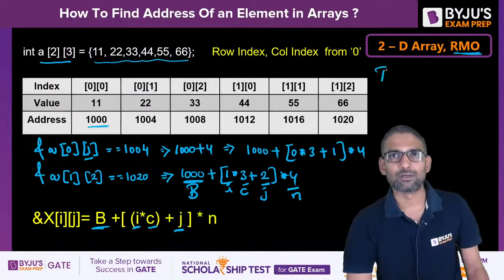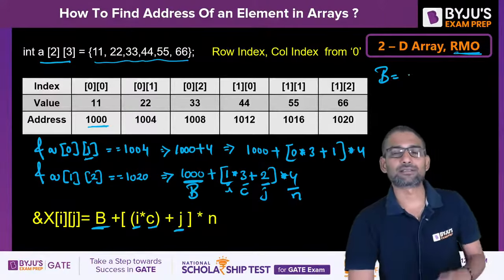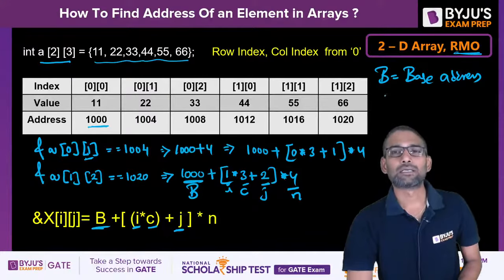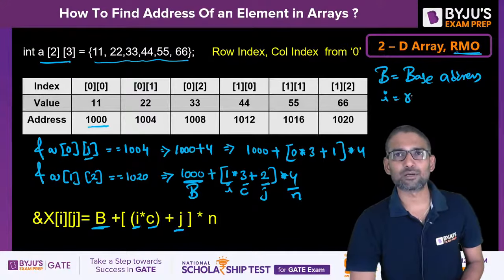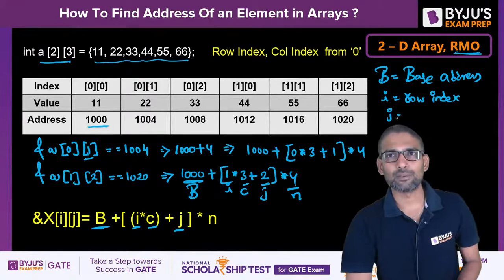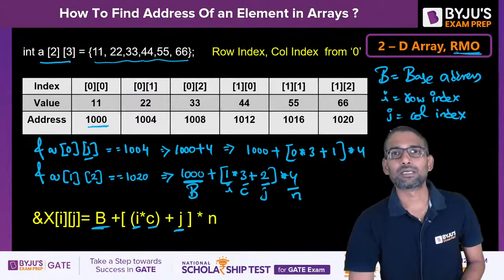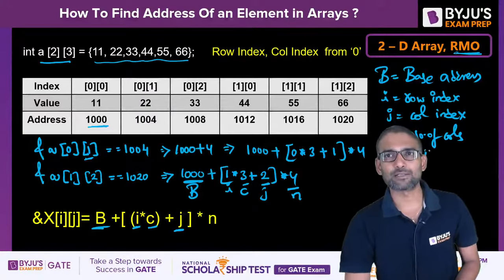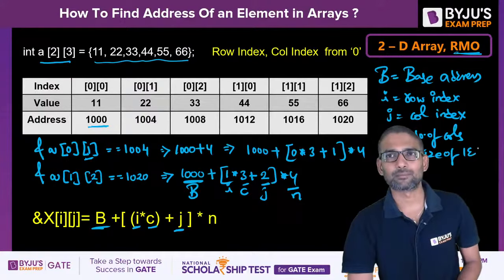So here, what do these letters indicate? B means base address, right? I means row index, J means column index, C is total number of columns, N is size of each element.